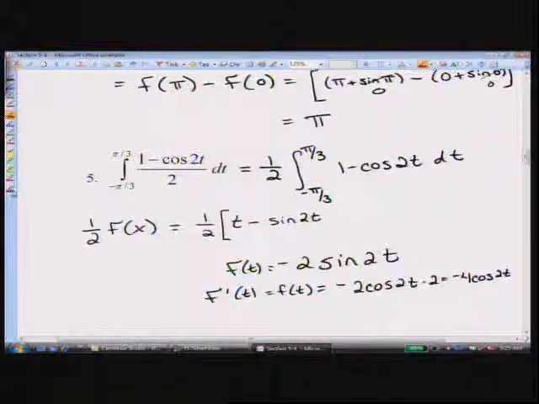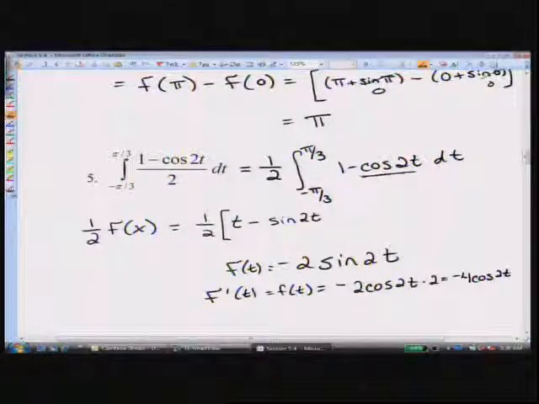Okay, now that's not what you're trying to get. You're trying to get negative cosine 2t. You got -4 cosine 2t. So this is not the correct derivative. -2 sine 2t is not the correct antiderivative for this function, because when I take the derivative of it, I do not get negative cosine 2t.